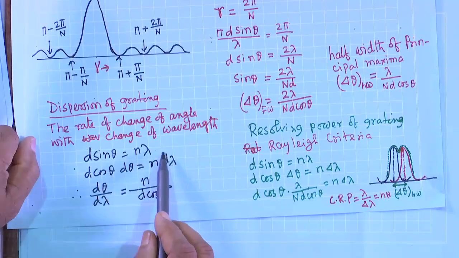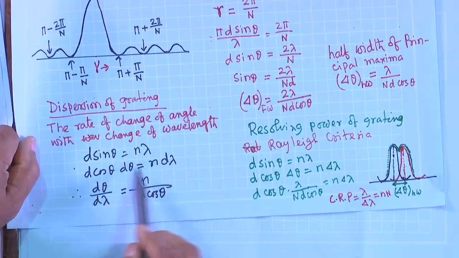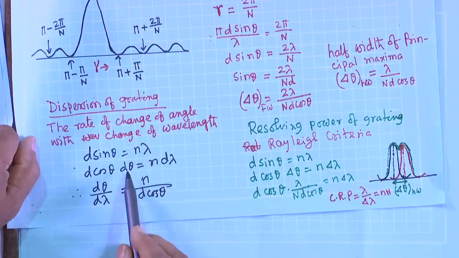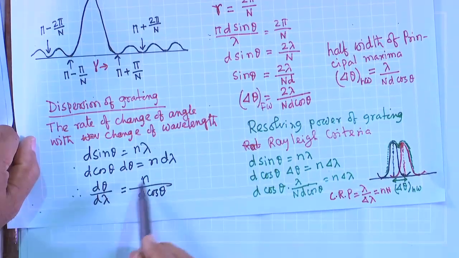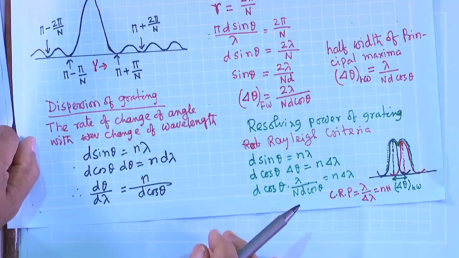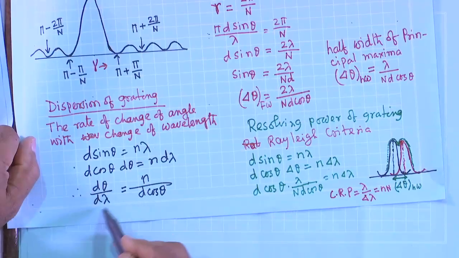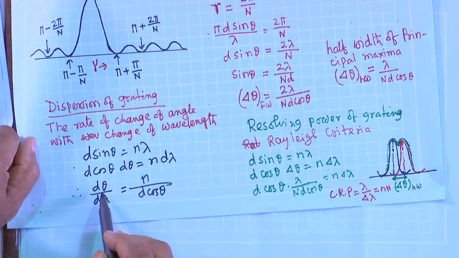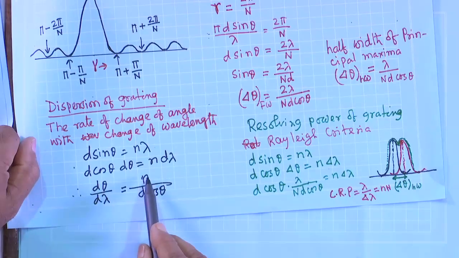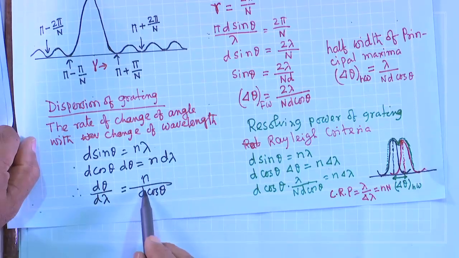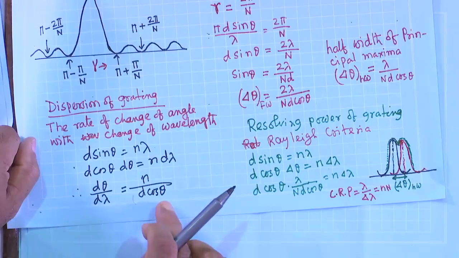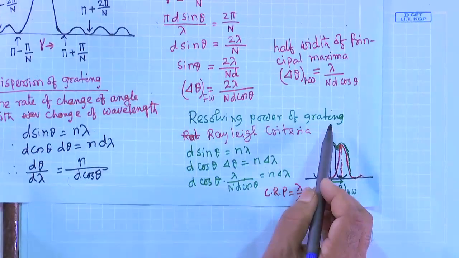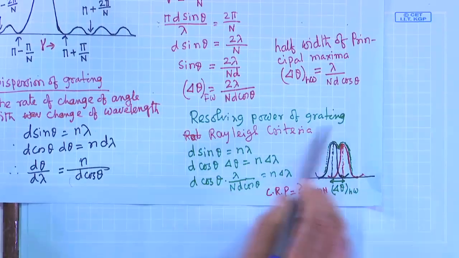If there is a change of lambda, what will be the change of theta for a particular order n? So, d theta by d lambda equal to n by d cos theta. This is the dispersive power, the dispersion of the grating. It depends on the order, on the d value, and on the theta value.